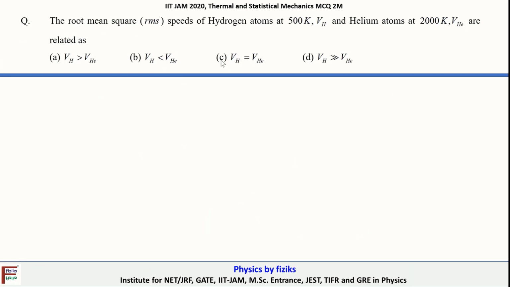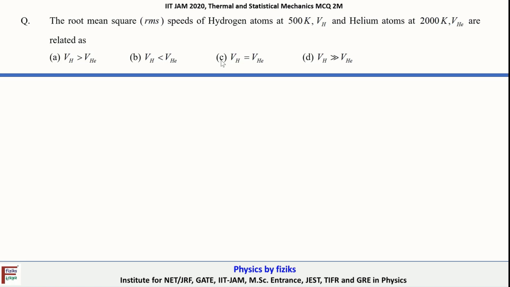The statement is the root mean square speed of hydrogen atoms at 500 Kelvin, vH, and helium atoms at 2000 Kelvin, vHe, are related as. So we have to find the relationship between the RMS speed of hydrogen and helium at the given temperatures.